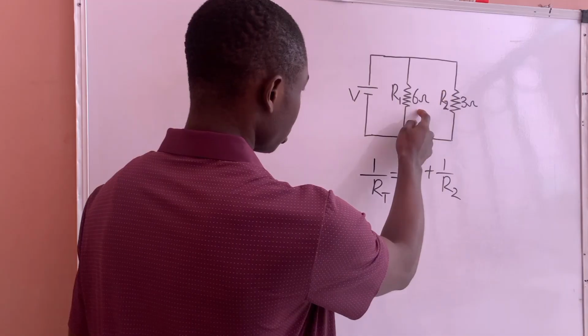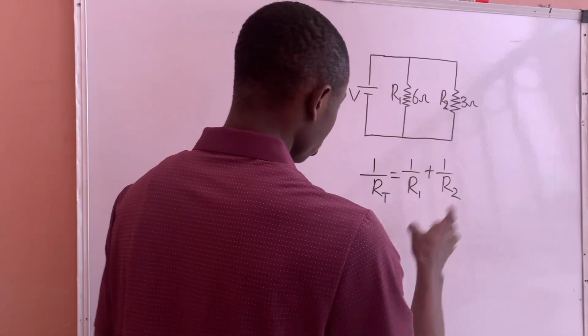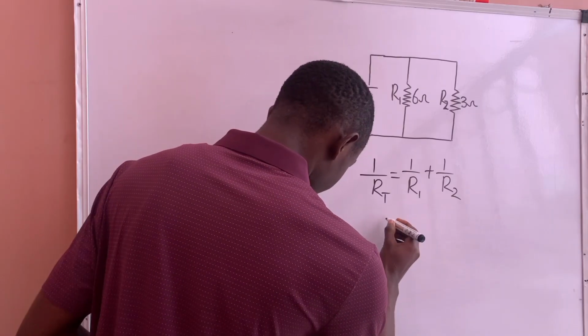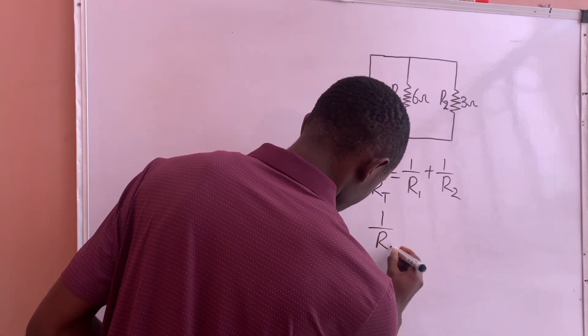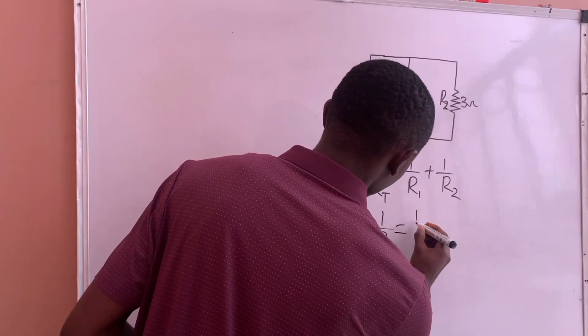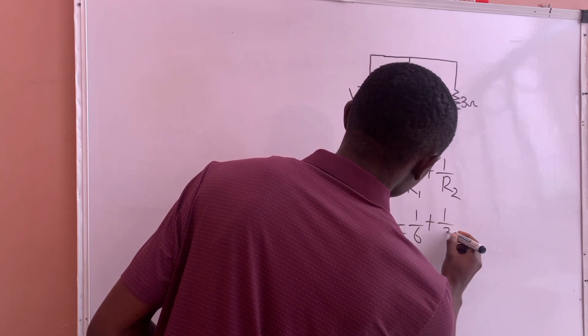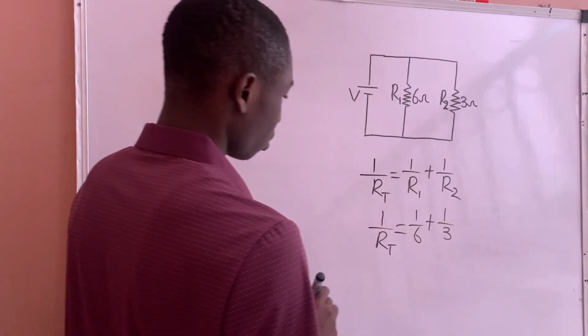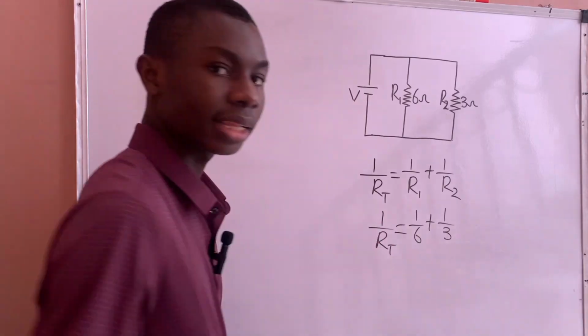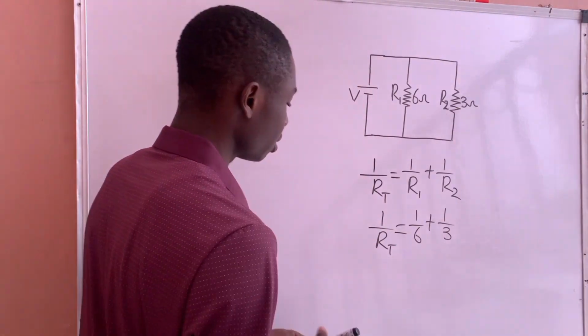But we know R1 and R2, so let us substitute them into this equation. So we have 1 over RT equals 1 over 6 ohms plus 1 over 3 ohms. At this point, we will take the LCM, and the LCM here is 6.